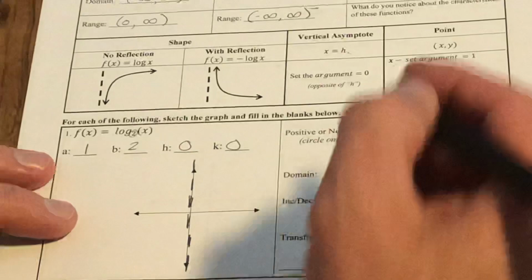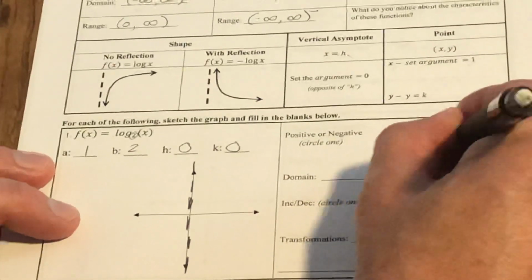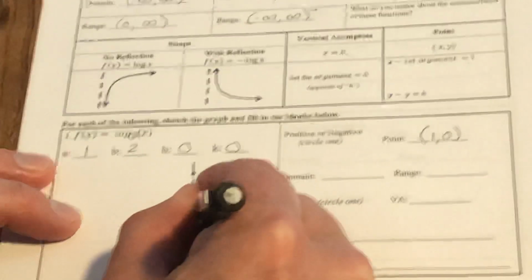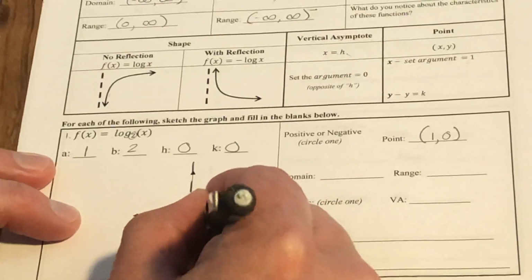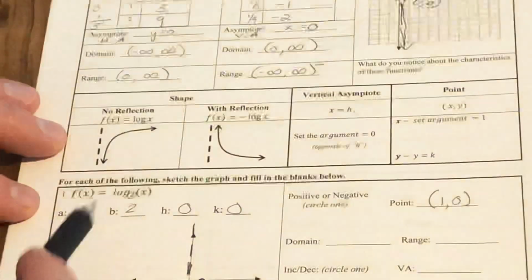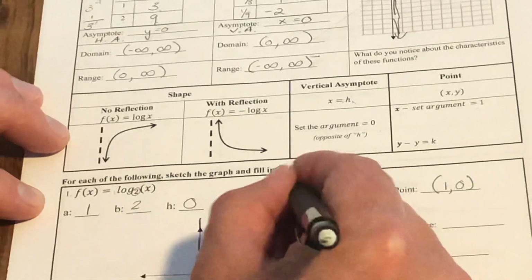We also know that we're going to use the point 1, 0 as our baseline. It doesn't have a negative out front, so it will be positive.